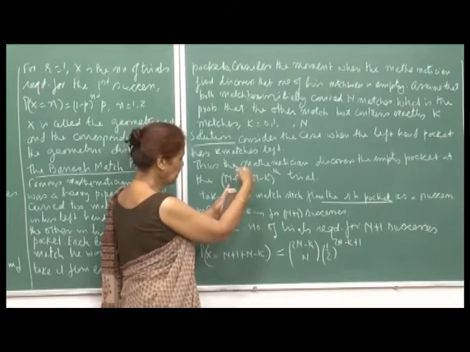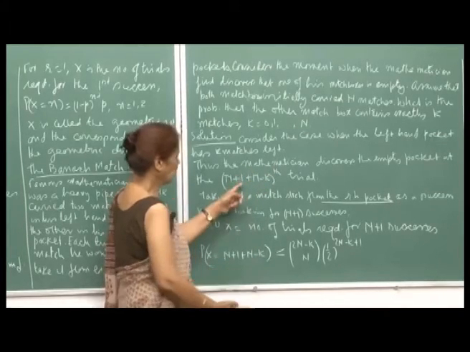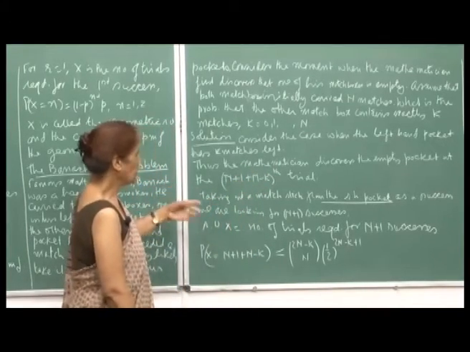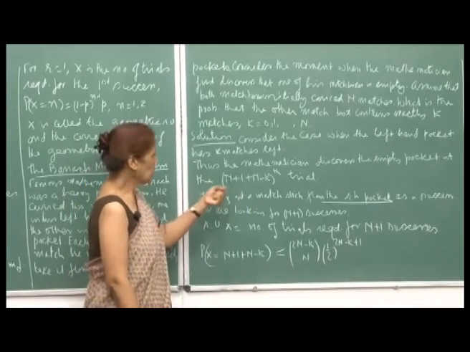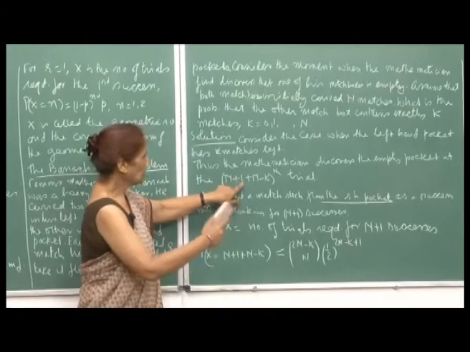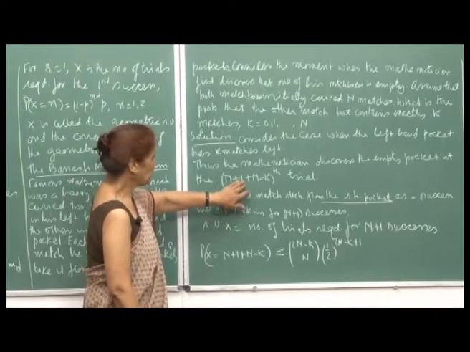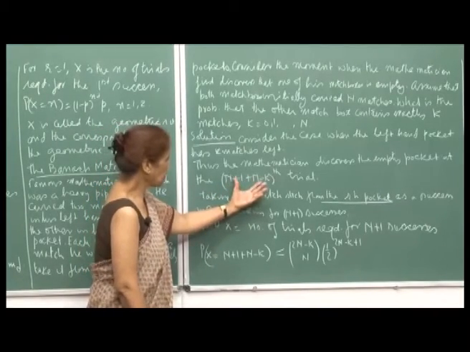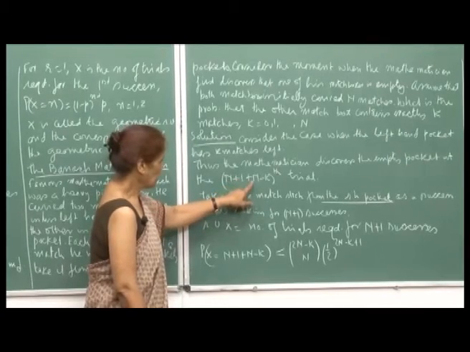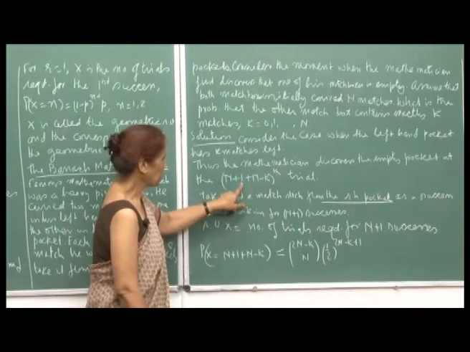Then on the n plus 1th time, when he takes out the match box from the right hand pocket, he discovers it is empty. So, the total number of trials is n plus n minus k plus 1.